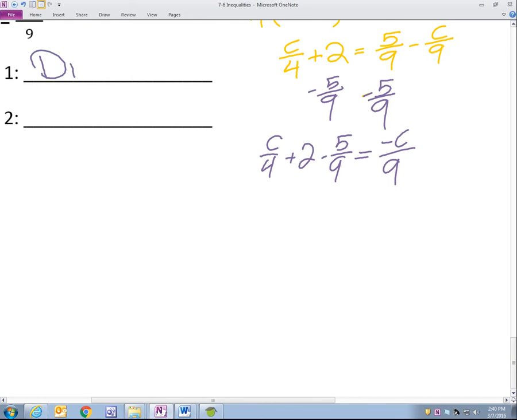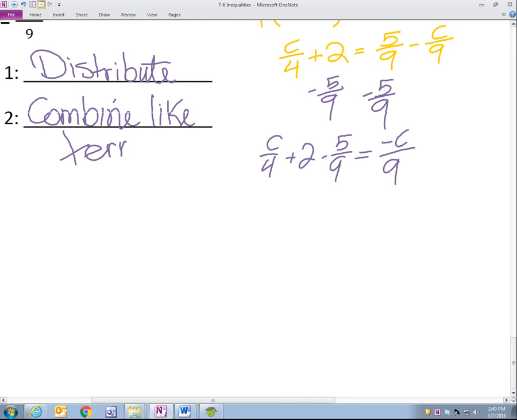The first step was to distribute. My second step was to combine like terms. Okay, 5 minutes.